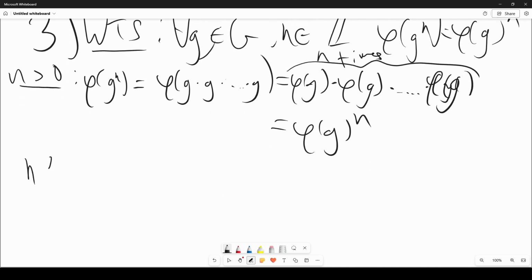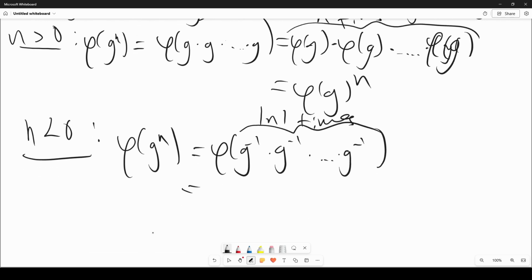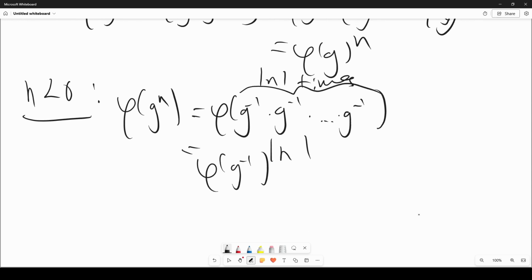Now let's take n less than 0. We get phi of g to the n, which you can rewrite as phi of g to the negative 1 times g inverse times g inverse, and this happens absolute value of n times. So then I can rewrite this as phi of g inverse to the absolute value of n, because it repeats absolute value of n times.